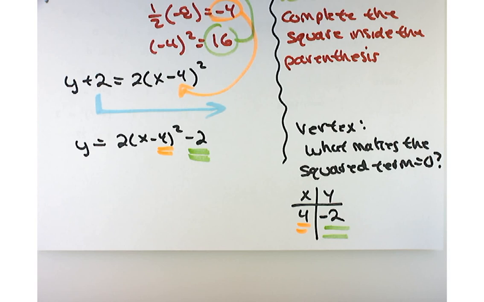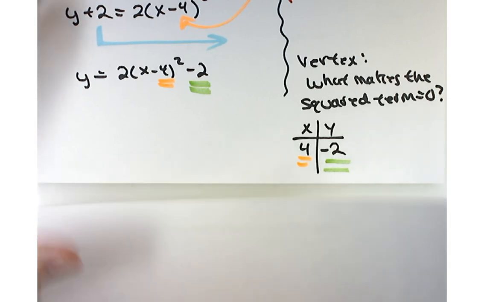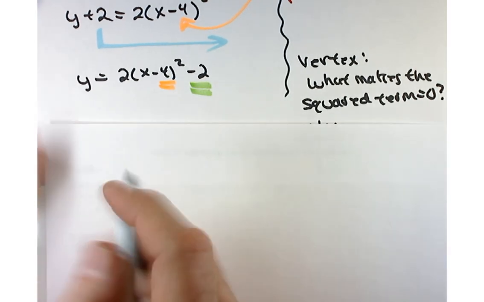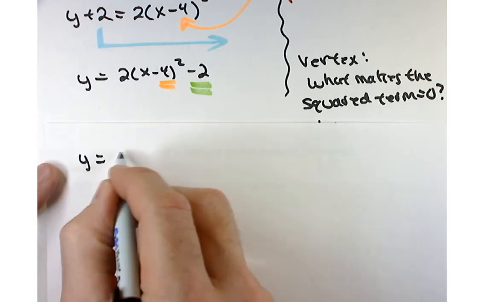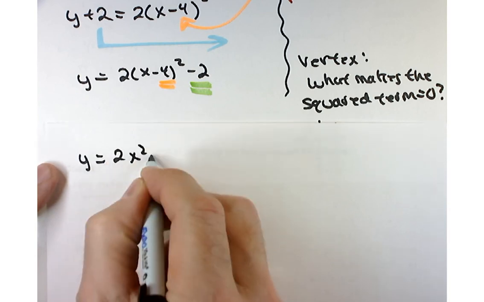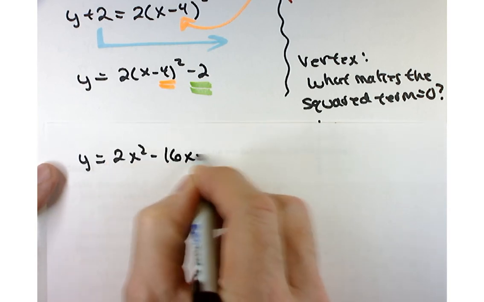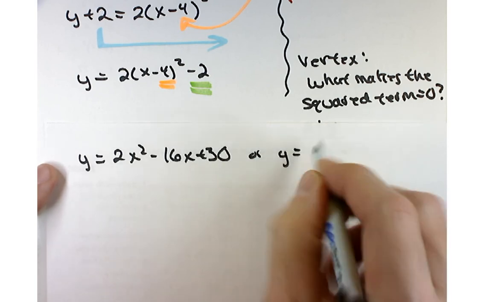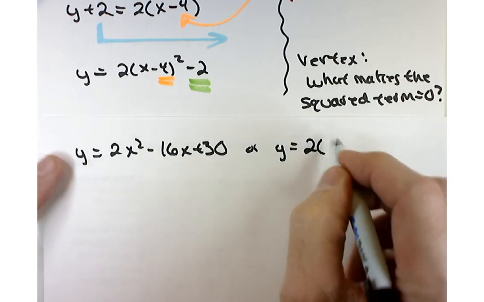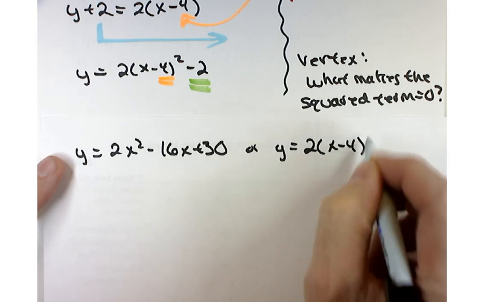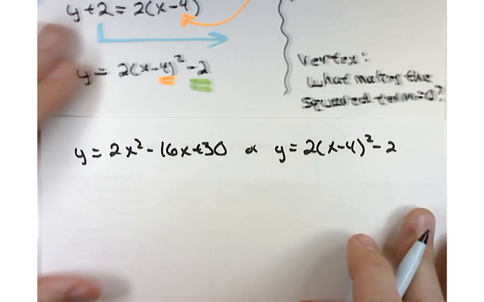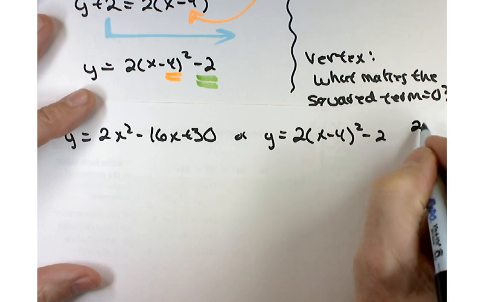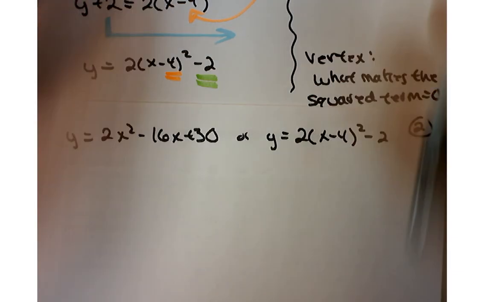So, great. We've got 2 different forms of this parabola. You've got y equals 2x squared minus 16x plus 30. Or you can write it as y equals 2 times x minus 4 squared minus 2. So which one's better?